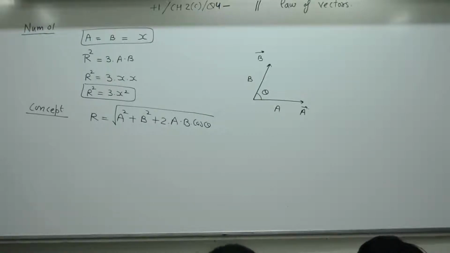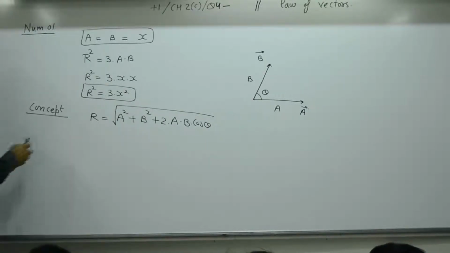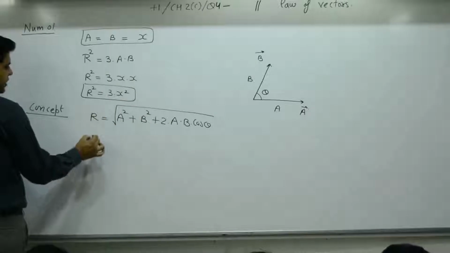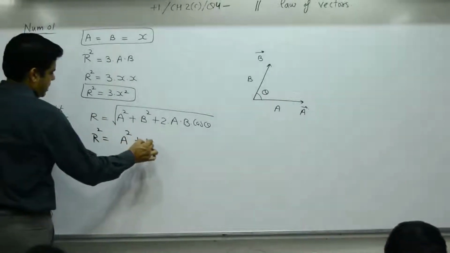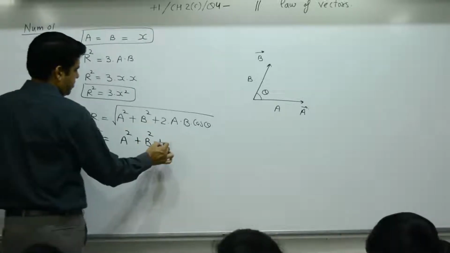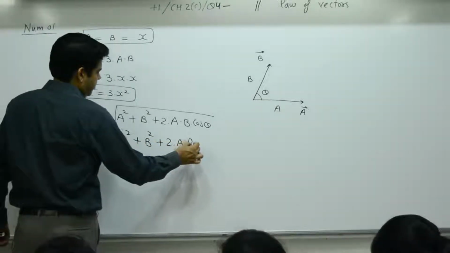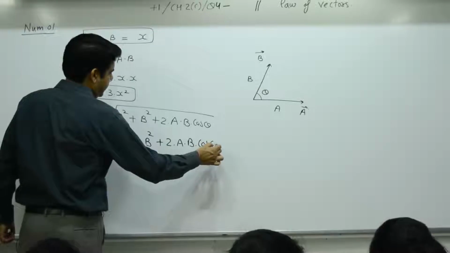Anyone with the answer, please? 1, 2, 3, 4. Good. 5. One minute more. 6. R square is equal to A square plus B square plus 2AB cos theta.